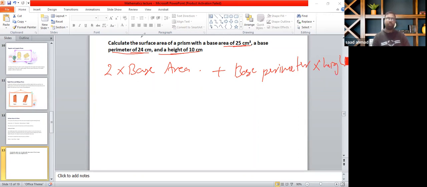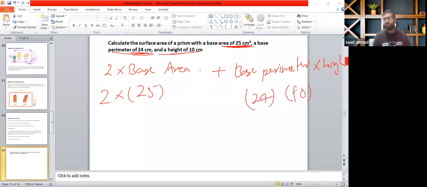Okay, so we have the base area of 25, so 2 times 25, and then perimeter of 24, so 24 times 10.